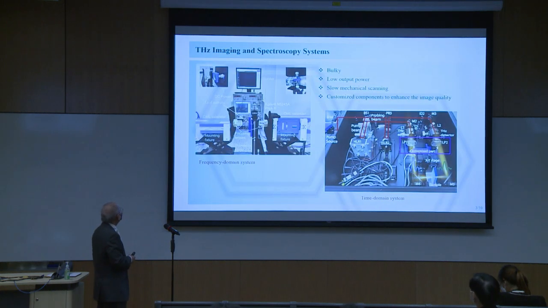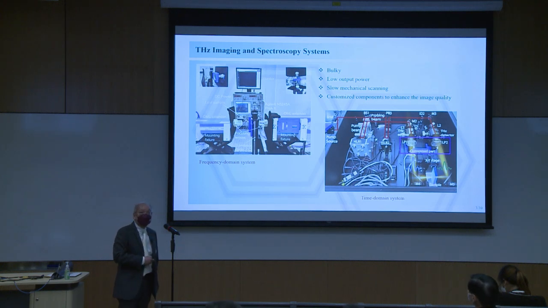Now, this is the terahertz imaging and spectroscopy system at the onset of our project. You can see that this is a frequency domain system, and we have a network analyzer here, and then a pair of frequency extenders.